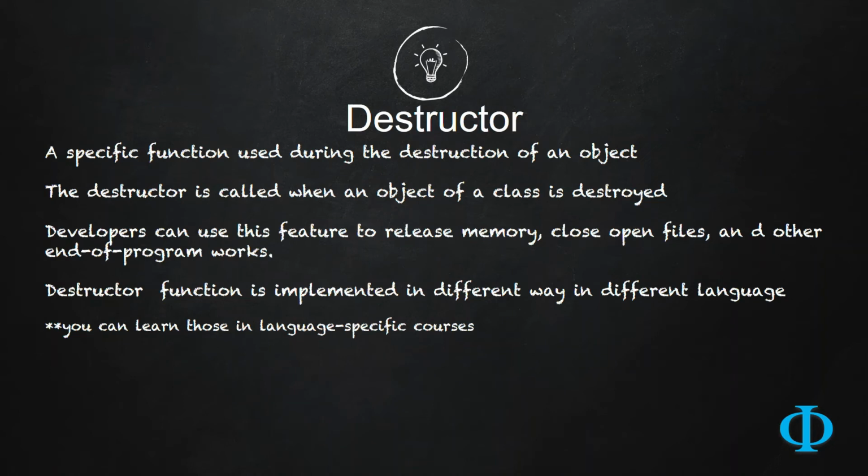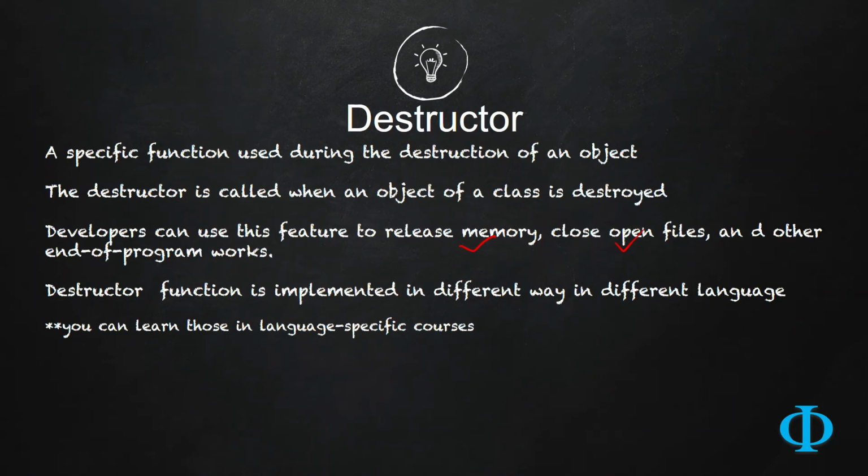End of the program workload may be like releasing the memory, closing some open files, all the different things you can do, or some of your own work you can do during this time by creating a destructor function.